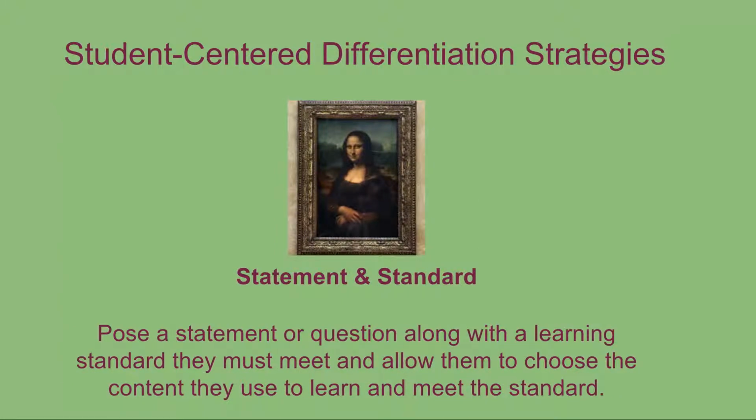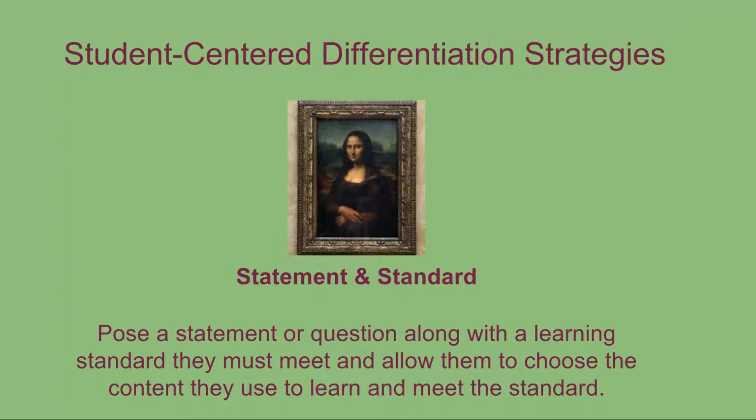Statement and standard. For example, as a humanities teacher, you may have a learning standard that reads something like, explain the historical, cultural, and social context of an individual work of the arts. You may then present this standard along with the statement, each era has particular works of art that have become iconic of that time period.